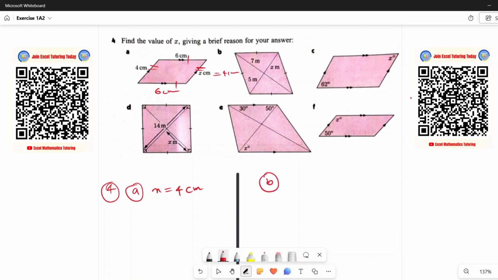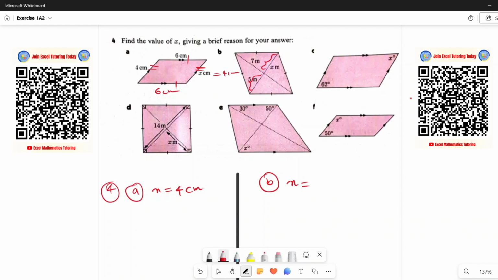Now the next question, B. We need to find the value of x here. By observing this figure, this figure is a rhombus. A rhombus means every side is of equal length and every side is parallel. So it's a special type of parallelogram. We know there is a property in a rhombus: the diagonals bisect each other at equal length.